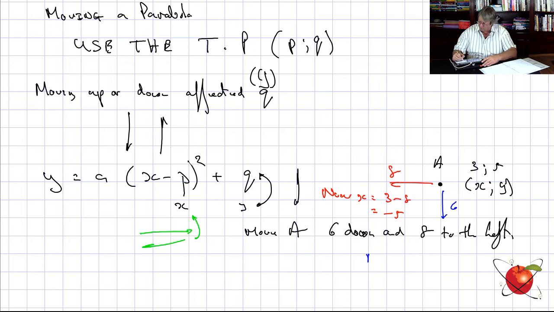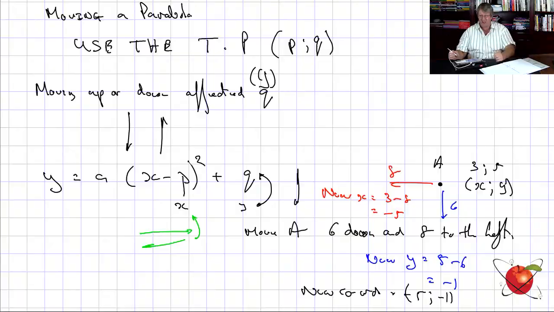So the new Y is going to be 5 minus 6, which is minus 1. So therefore, my new coordinates are minus 5, minus 1. You actually go to the coordinates and you count them.